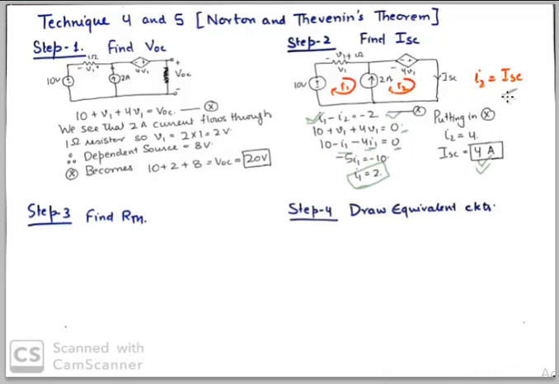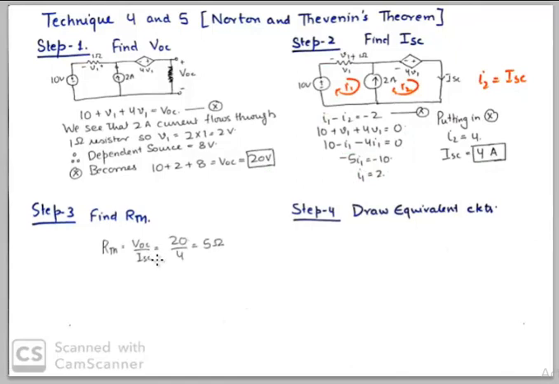So my ISC is 4 ampere, my VOC is 20, so I can easily calculate RTH now. RTH is VOC upon ISC. It turns out to be 5 ohms. I can easily draw equivalent circuits.